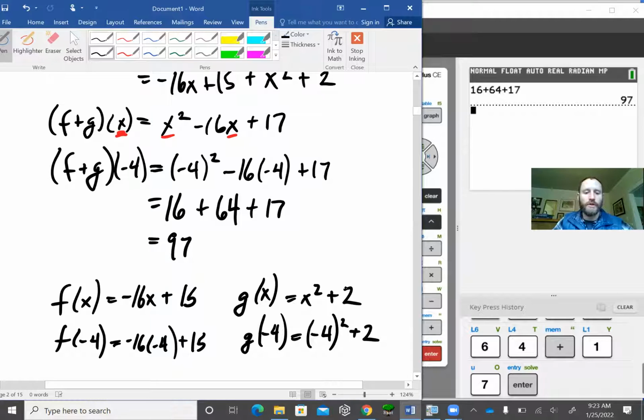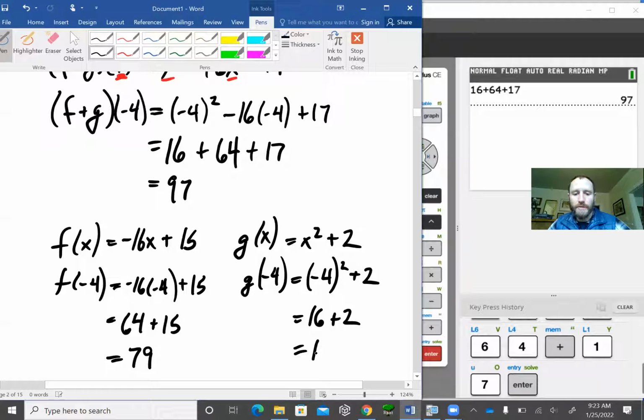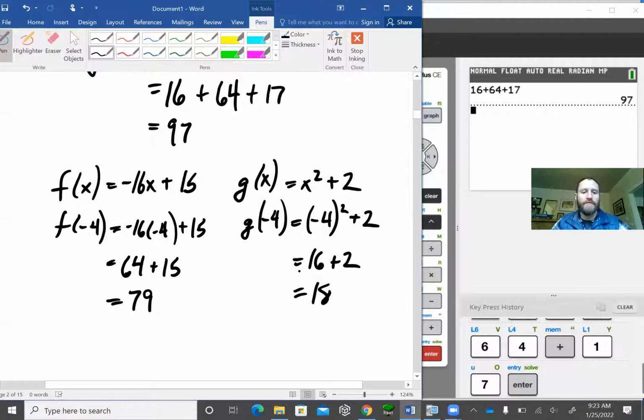Right, you're going to get the same thing either way. So this would give me 64 plus 15. This would give me 16 plus 2. 64 plus 15 would be 79. 16 plus 2 would be 18, right? And now if I add those two function values together, this would also give me 97.